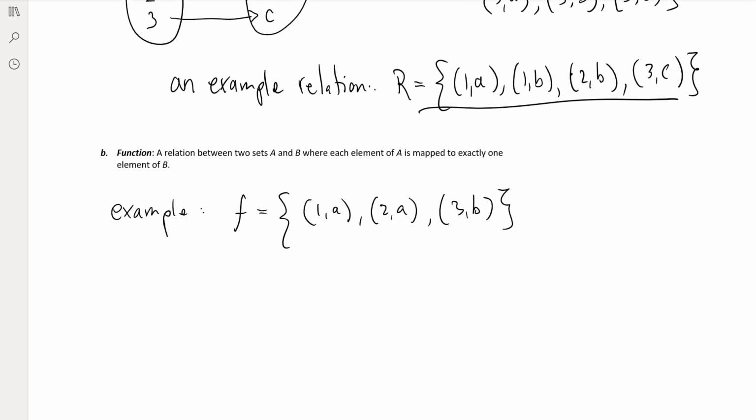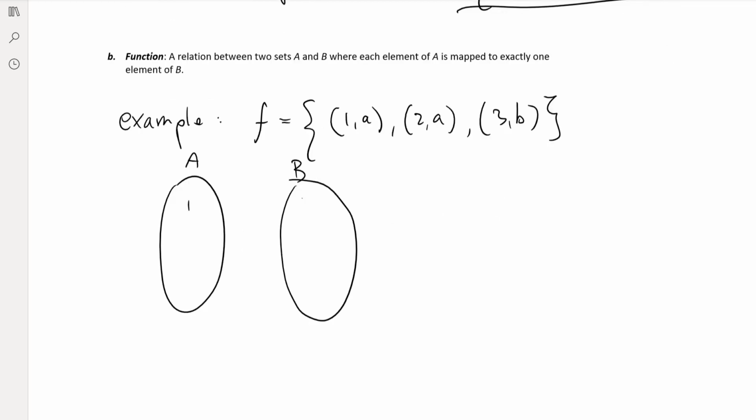So with those same sets, A consisting of the elements 1, 2, and 3, and B consisting of the elements a, b, c, what we have here is 1 maps to a, and 2 maps to a, and 3 maps to b, and then c doesn't have anything mapped to it, but the point about a function is that each and every element in this set A is mapped to only one element in set B.